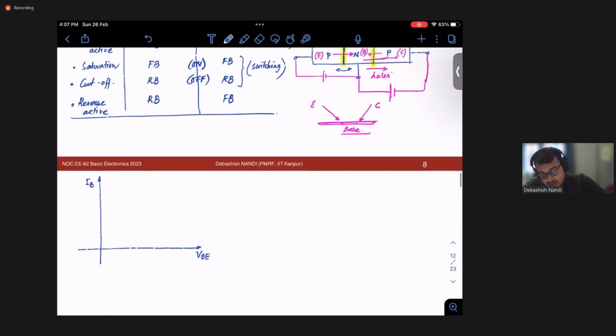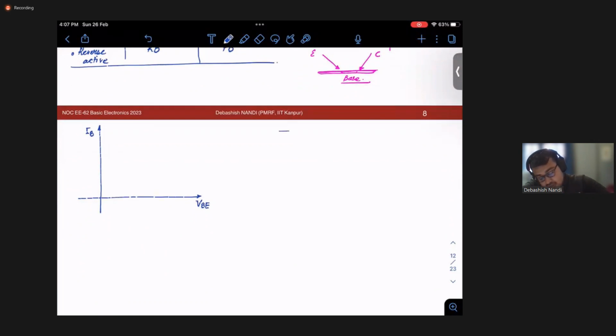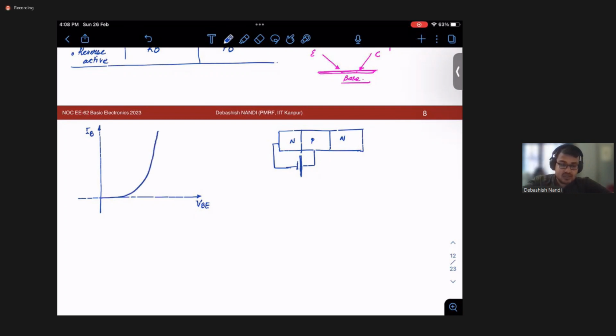This is for an NPN transistor. So this will be your forward bias PN junction. How do the PN junction forward bias characteristics look? It is nothing but an exponential behavior, right? So this same trend will follow here also.